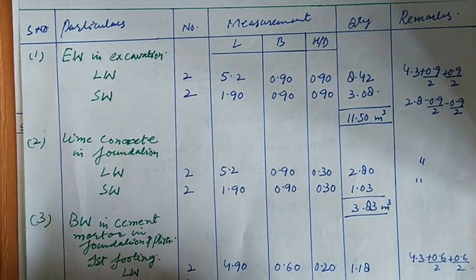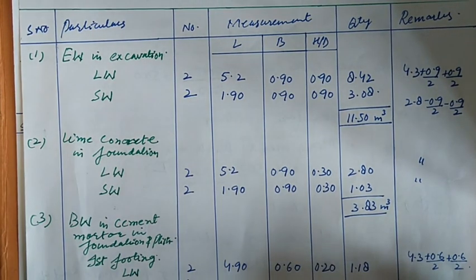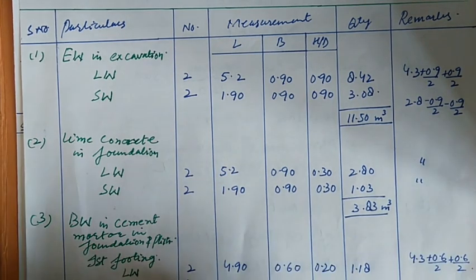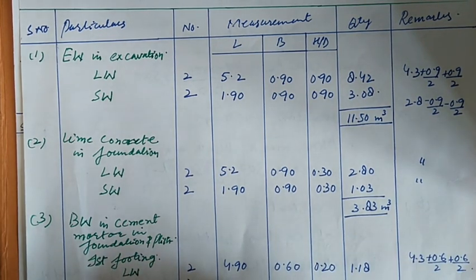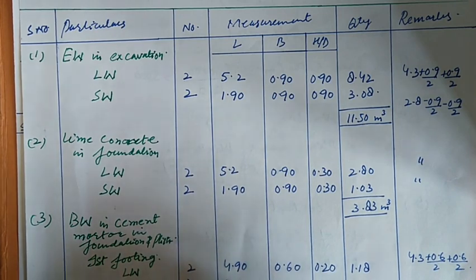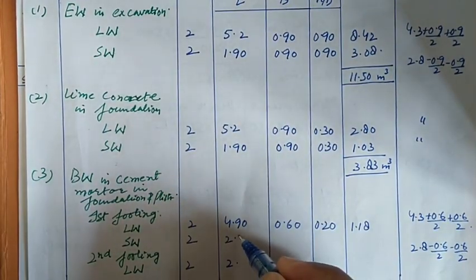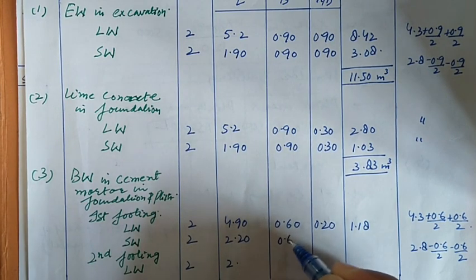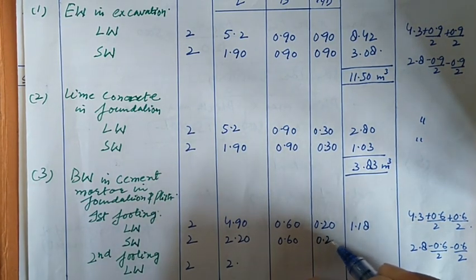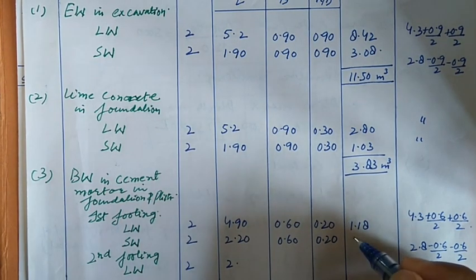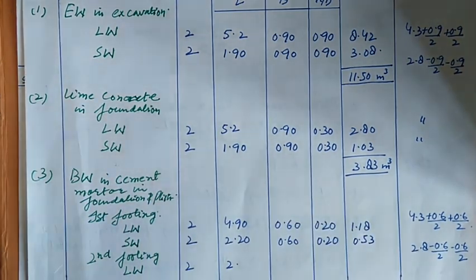Similarly for short wall, it will be 2.8 minus 0.6 by 2 minus 0.6 by 2, it will be 2.20, 0.60, 0.20 again, and it will be around 0.53.